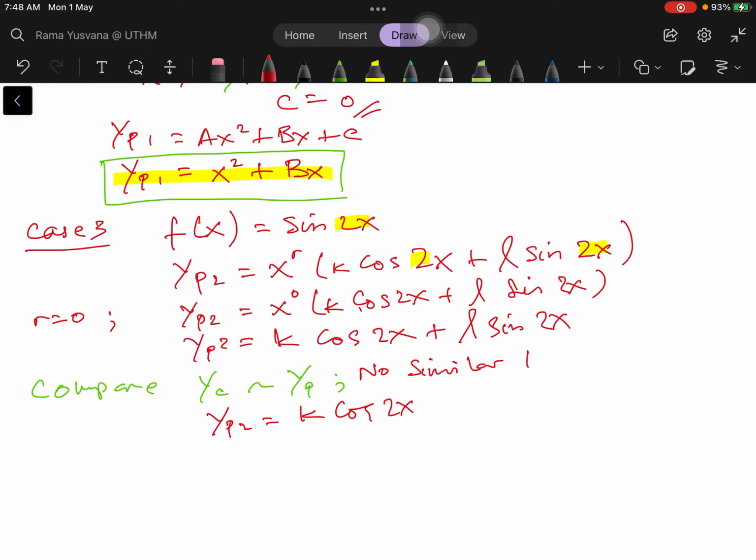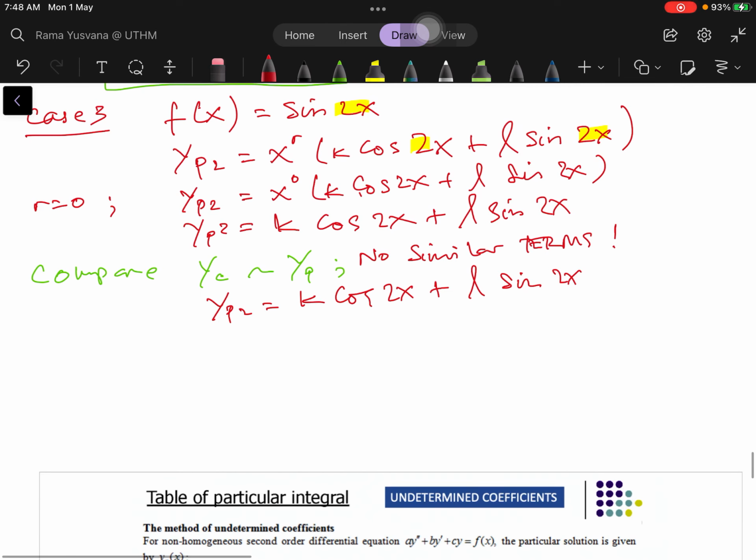So in here, no similar terms. You can proceed. Our yp equals to k cos 2x plus L sin 2x, and then continue with the first derivative.